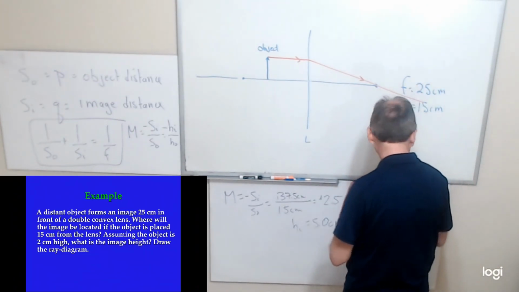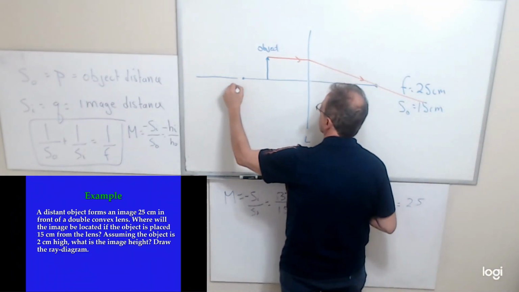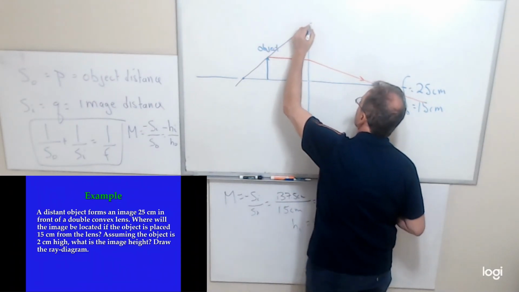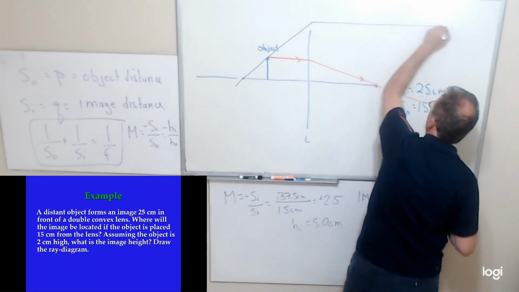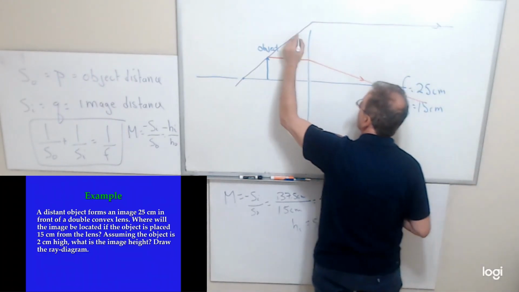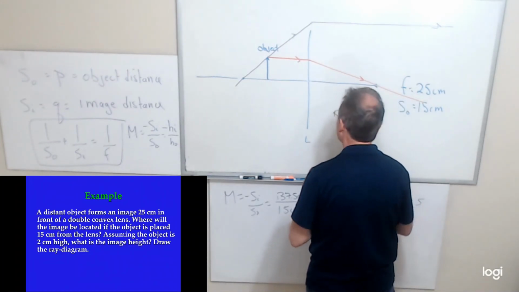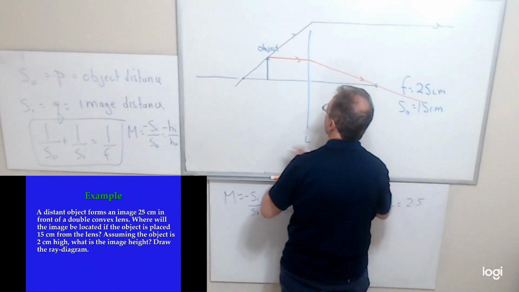Focus point before, parallel after. And then one through the center of the lens.